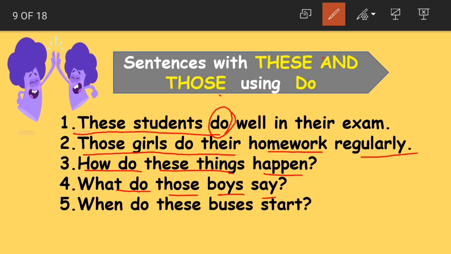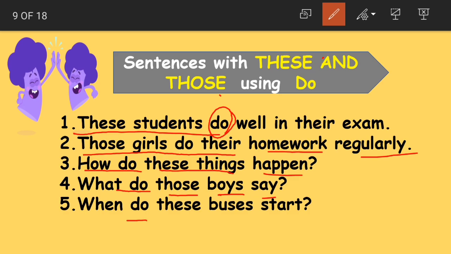Because of those, we have to think that the boys are a little far away from the speaker. Speaker, in the sense, who is telling this sentence. Then these, in the sense, the boys are nearer to the speaker. Okay, children. Clear? Yes.